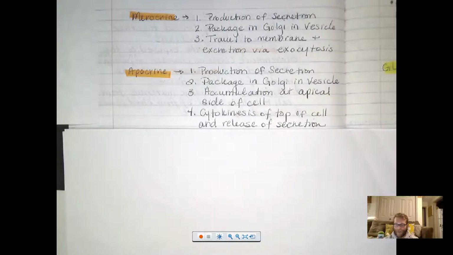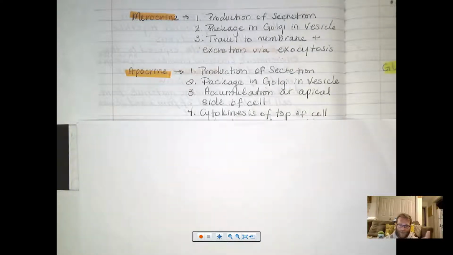Once those molecules are produced, they're packaged by the Golgi apparatus and sent to the vesicle. You get an accumulation in the apical side of the cell, so you're allowing more of that cell to be produced, producing that material, and then cytokinesis will occur. Cytokinesis at the top of the cell is going to essentially chunk off that top part of the cell and then release it out into wherever it's going to go, so into a duct or onto the surface.